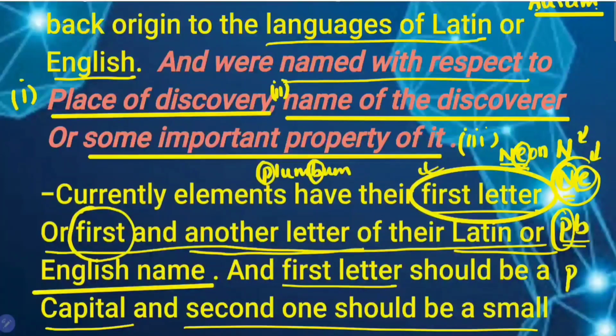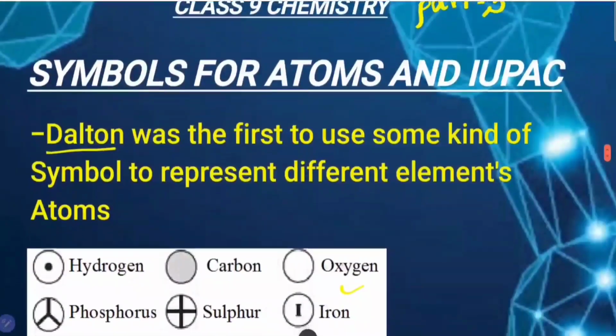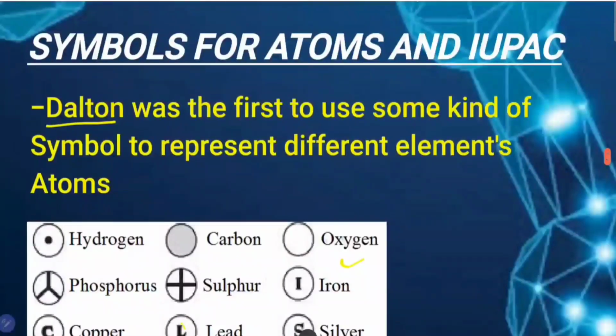Currently elements have their first letter, or if it is already used, then you have to use the first letter with another letter of their Latin or English name. Then the first letter should be written as a capital letter and the second letter as a small letter.